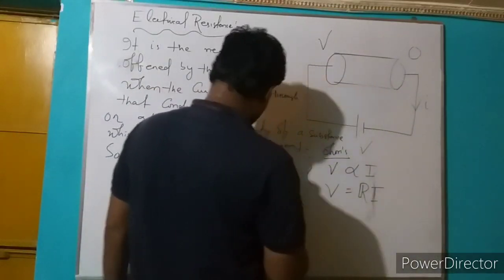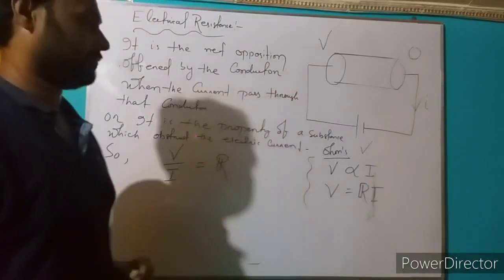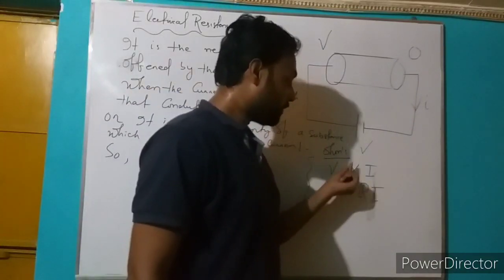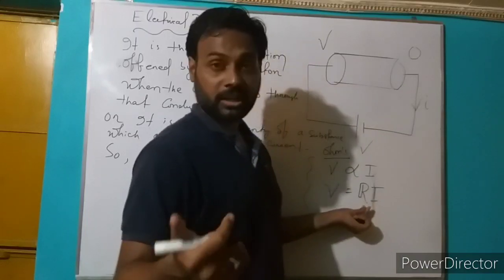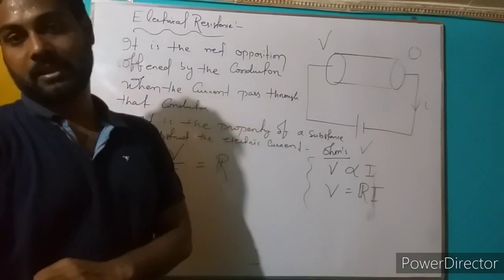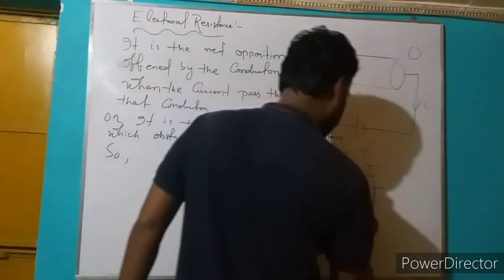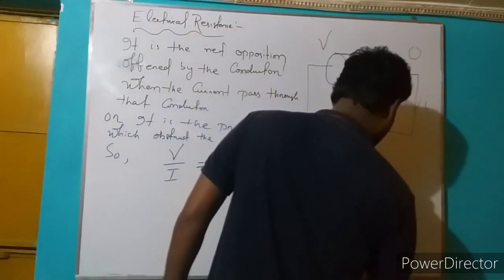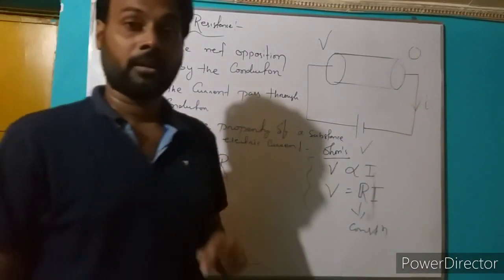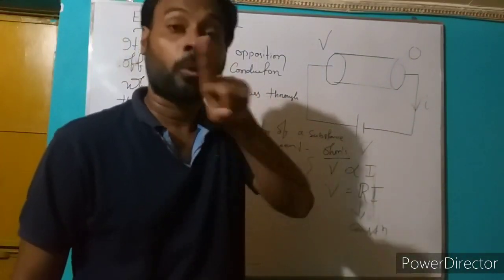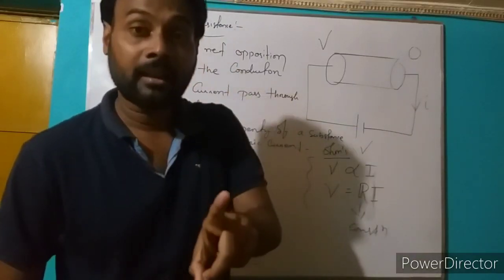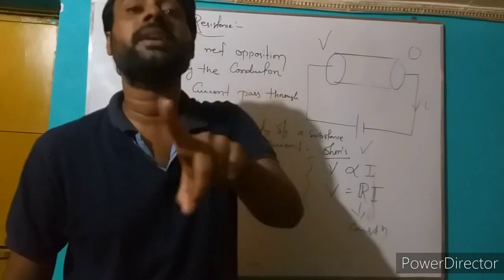So that R and that are quite different. Here, if you remove the proportionality, then you use a constant quantity that is represented as R, and that remains constant when the material obeys Ohm's law. That's why that material behaves as an ohmic conductor.